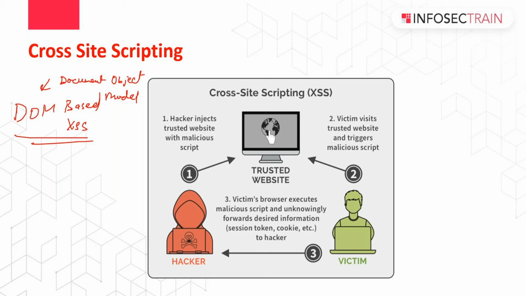Okay, so if the data is incorrectly handled, then what can the attacker do, because it's a client-side script? The attacker can inject a payload. That payload will be stored as a part of the document object model.